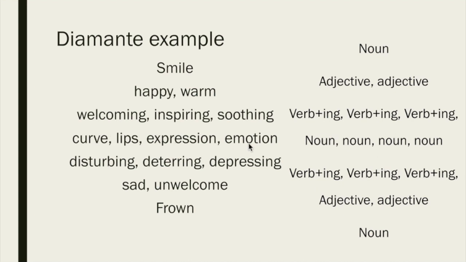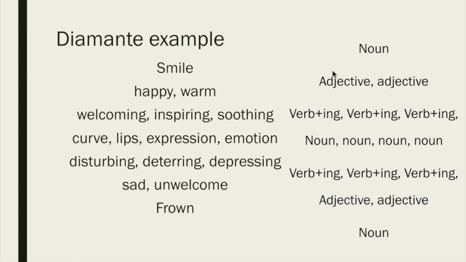Now the way this works is first you can choose 2 nouns that you want to compare or contrast. So a smile and a frown are 2 opposites that I'm going to use to contrast in this poem. So then I need to think of adjectives that describe the smile, happy and warm, and adjectives that describe the frown, sad and unwelcome.